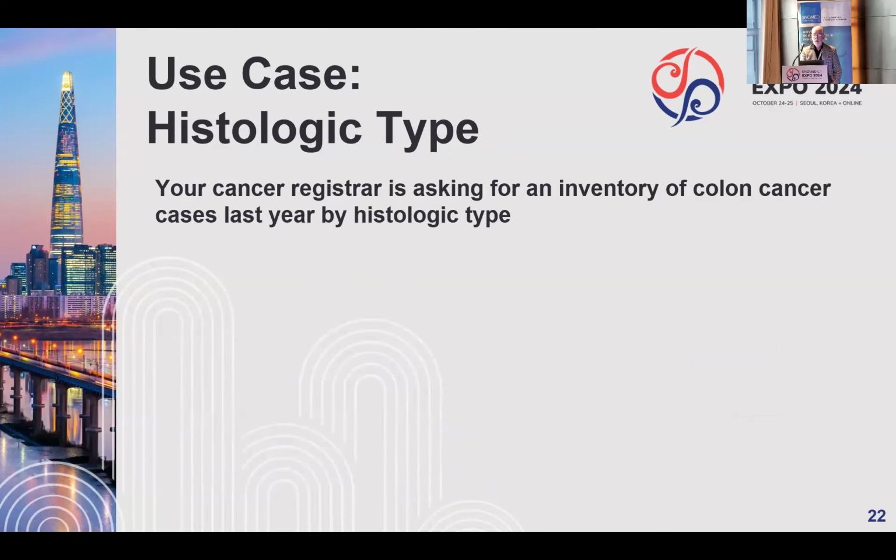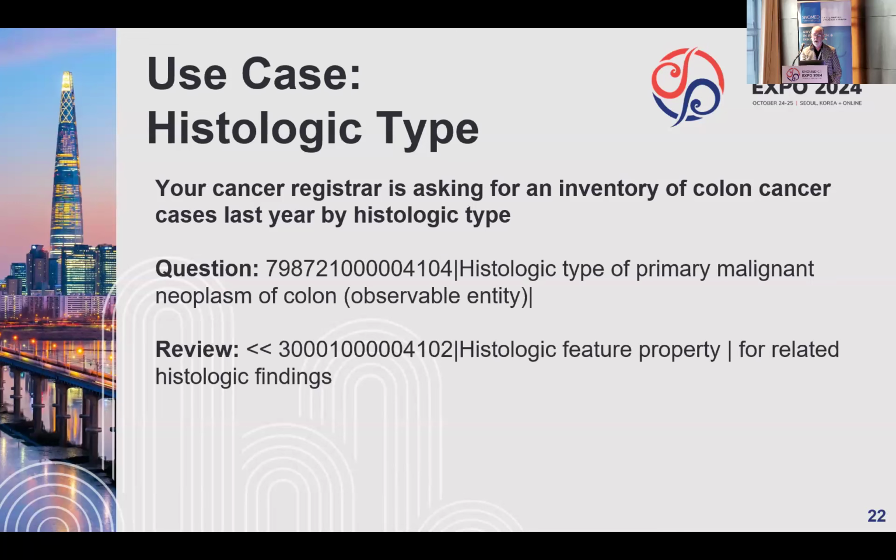Your cancer registrar is asking for an inventory of colon cancer cases by last year by histologic type. I don't think we need to belabor this, but there's basically a new property of histologic type that was created specifically for the pathological examinations. So the question in this particular case is, you're going to query your database for that.